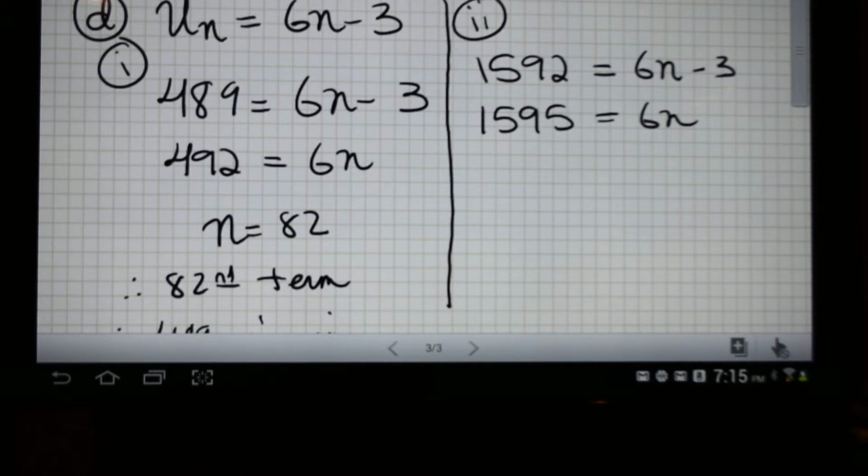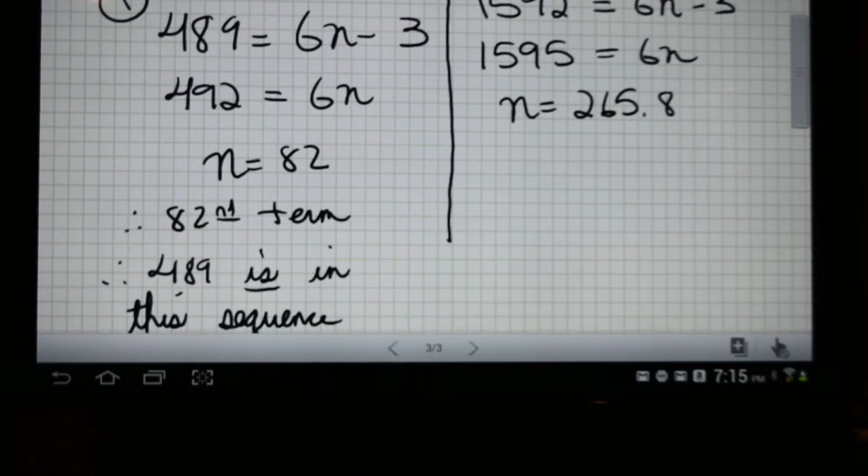Well, 265.8. We can't have a 265.8 term, can we? 1592 is not in the sequence.